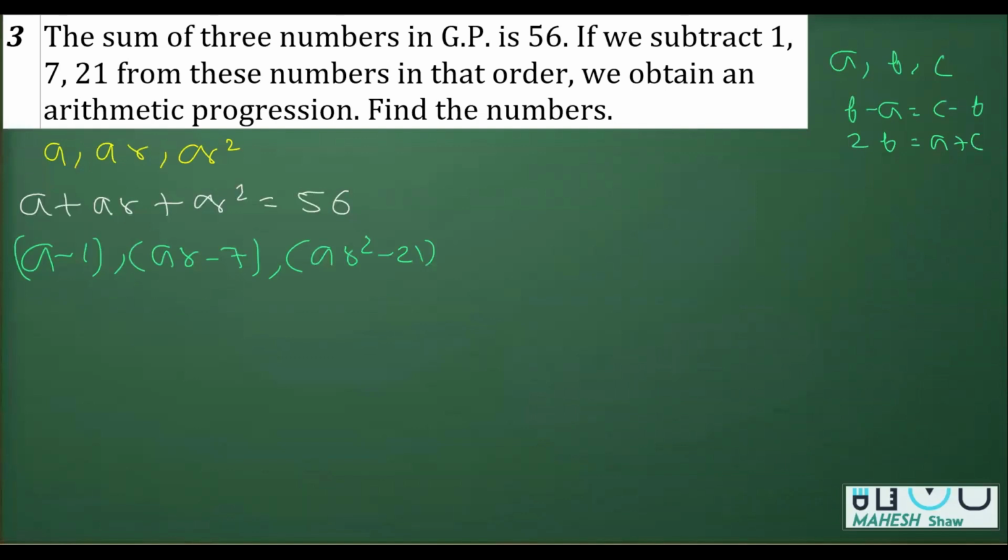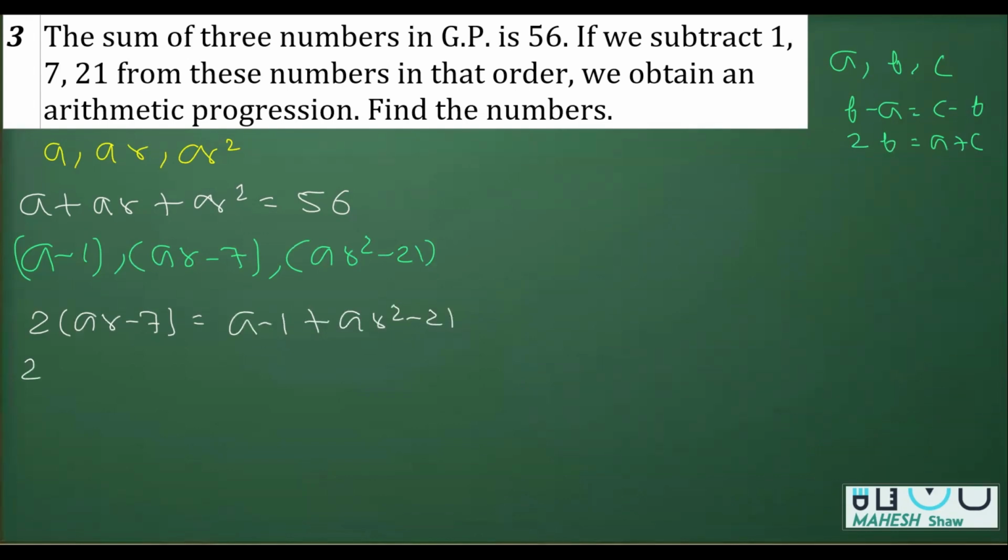So twice the middle term should be equal to the sum of the first and last terms. That is, 2 times (AR minus 7) equals (A minus 1) plus (AR square minus 21). From here we got this relation.